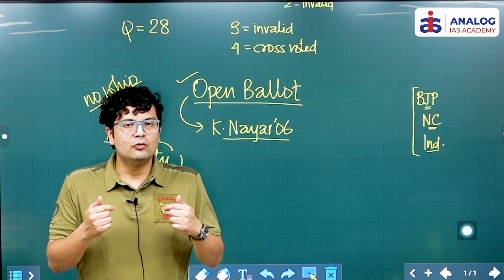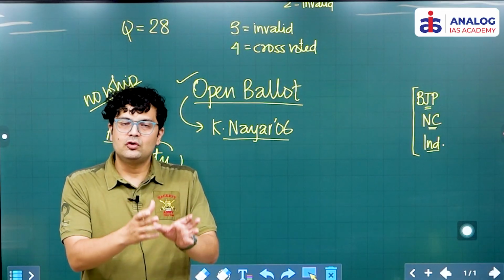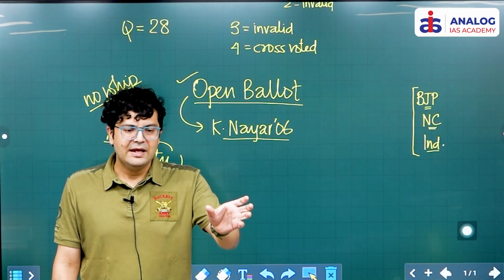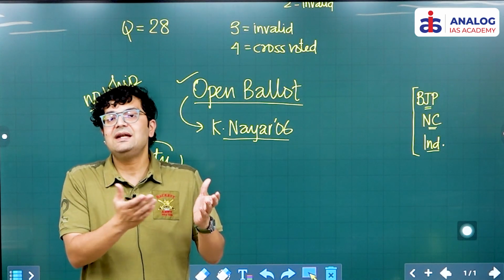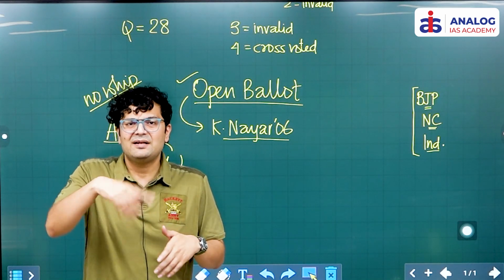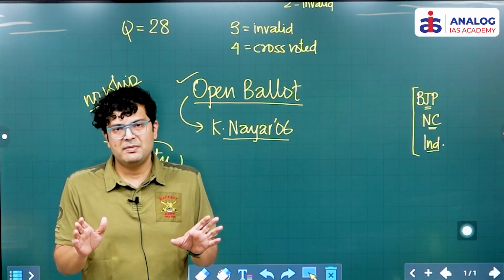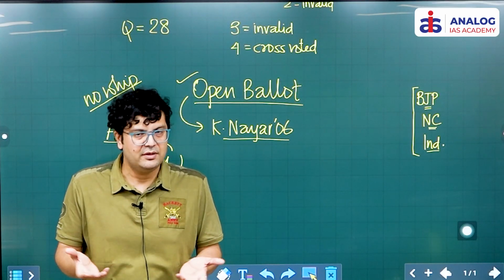However, since it's an open ballot, you have to show your vote to the party agent or the party member appointed in this behalf, and the party might take action against you as per the party's regulations, but you will not lose membership because the anti-defection law is not applicable here.